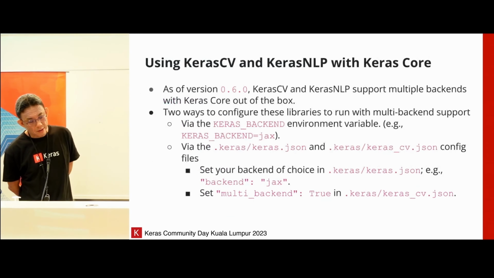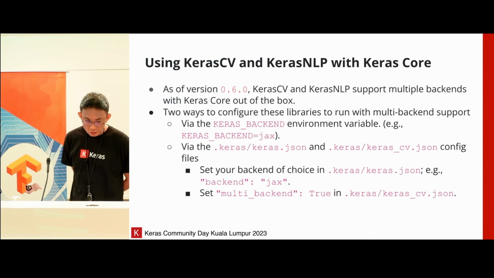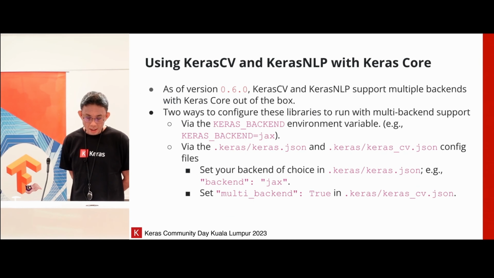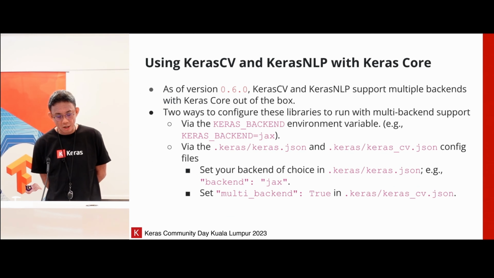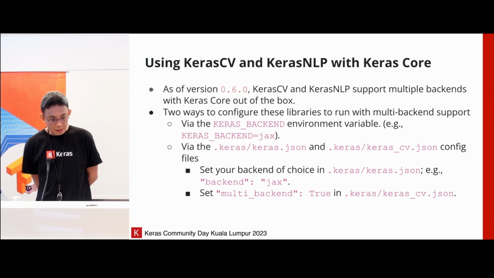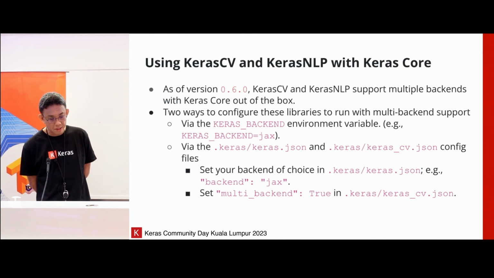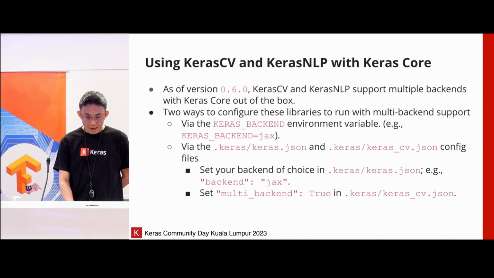Keras CV and Keras NLP, which work with Keras Core, have version 0.6.0. Keras CV and Keras NLP also support multiple backends right out of the box. So you can configure the library to run with this multiple backend support using the KERAS_BACKEND environment variable, and from there you can configure the backend file.